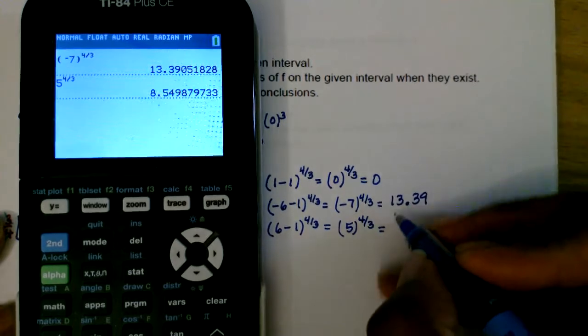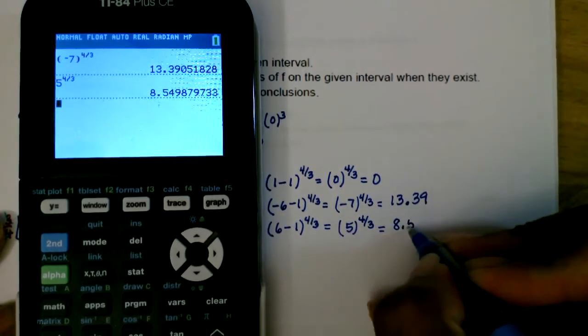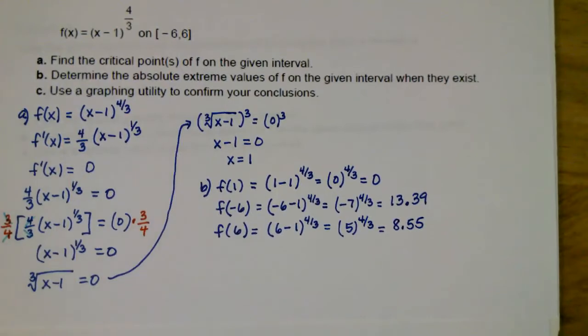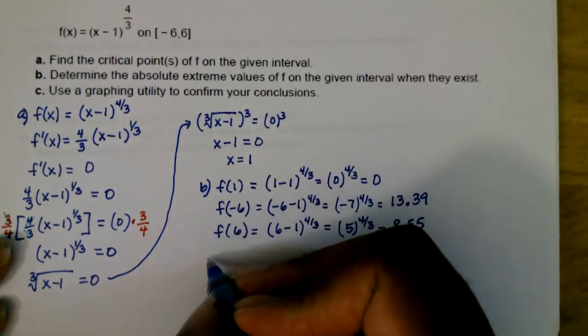To 2 decimal places, that's approximately 8.55. Okay. So that's what's going to help me identify the absolute maximum and absolute minimum.